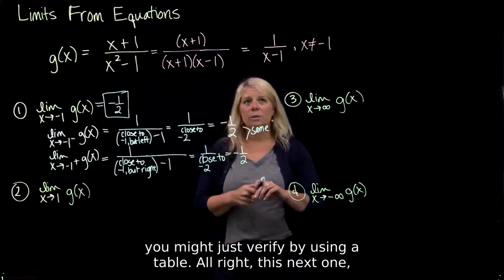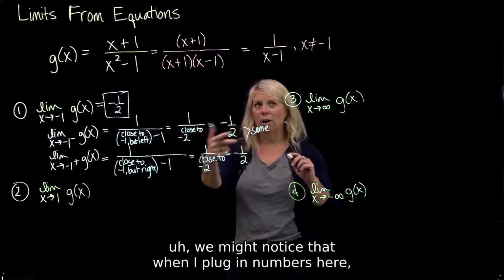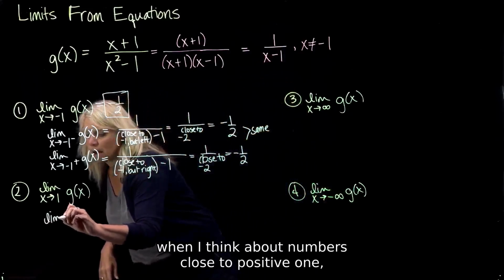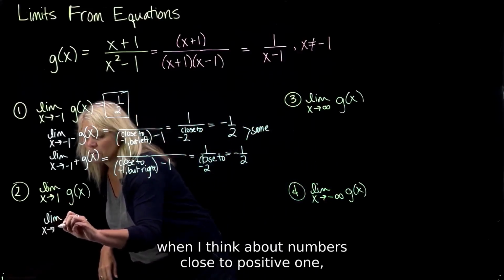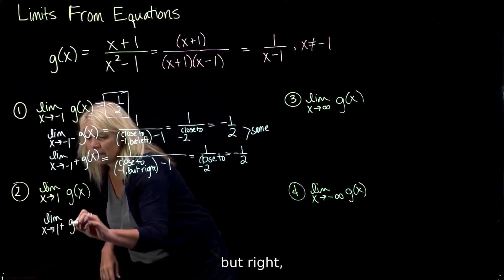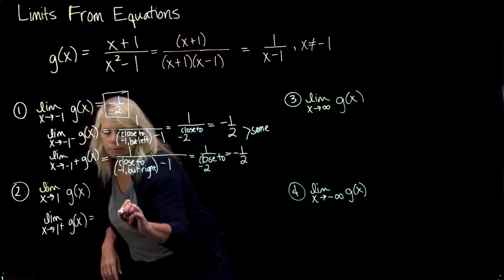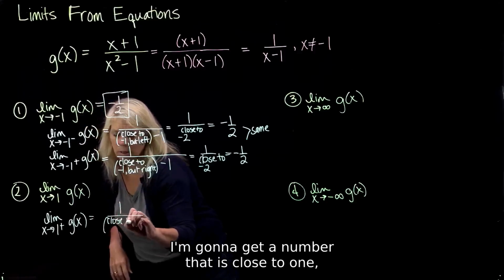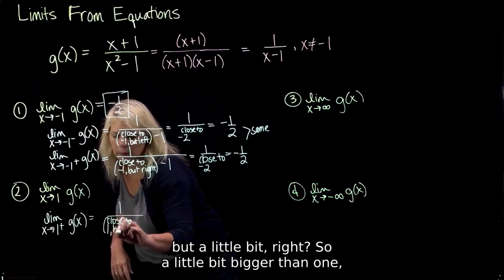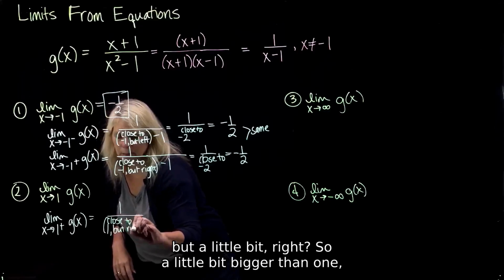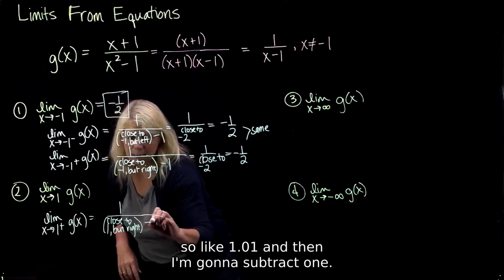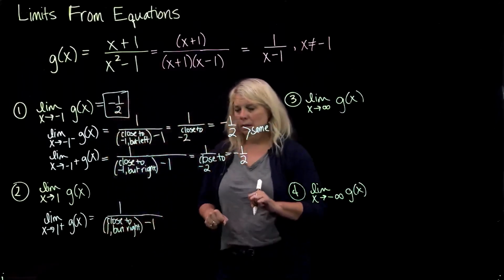All right, this next one, we might notice that when I plug in numbers here, when I think about numbers close to +1 but right, I'm going to get a number that is close to 1 but a little bit right. So a little bit bigger than 1, so like 1.01, and then I'm going to subtract 1.